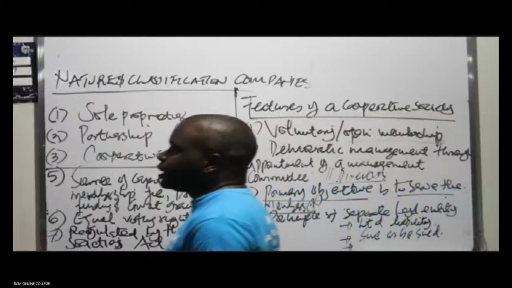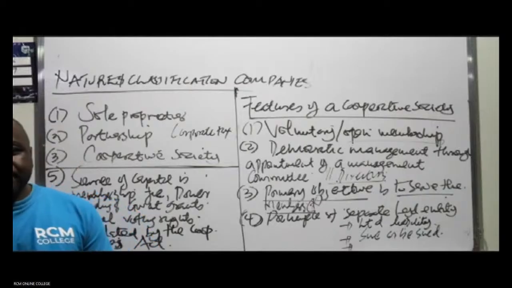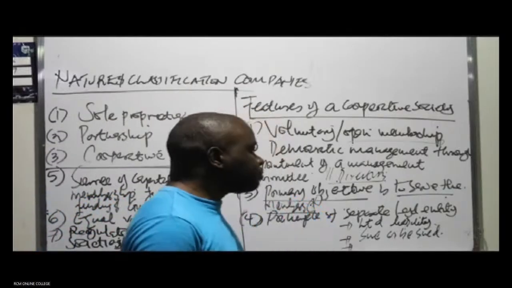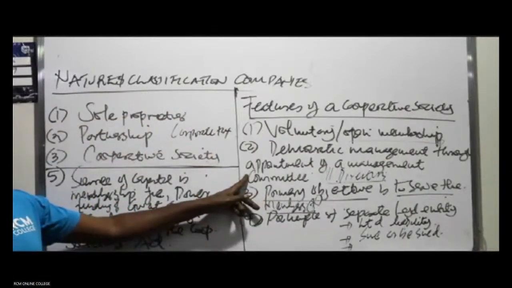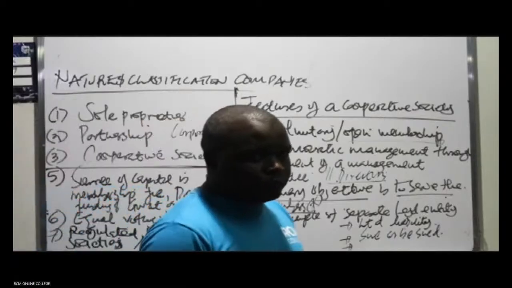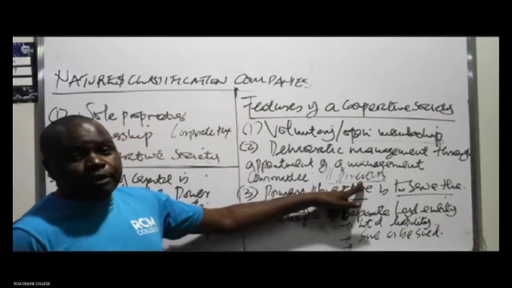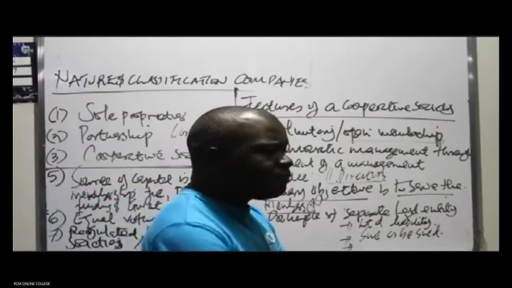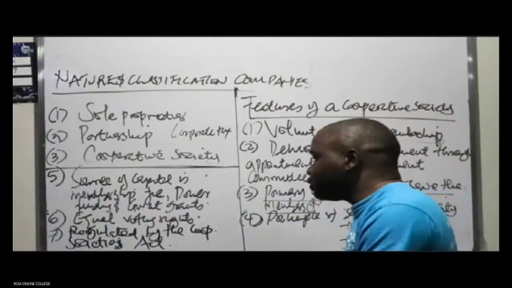Simply because the cooperative society chooses the management from the members themselves, sometimes cooperatives might suffer from limited management expertise. But with a company, you appoint directors. Before you appoint a director, you have to know: has he ever served as a director? Does he have the capacity? It's not about blindly choosing someone.